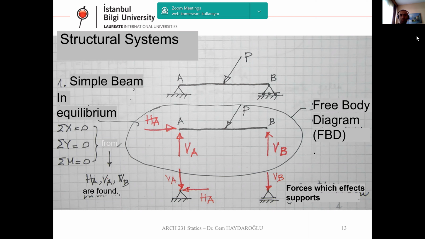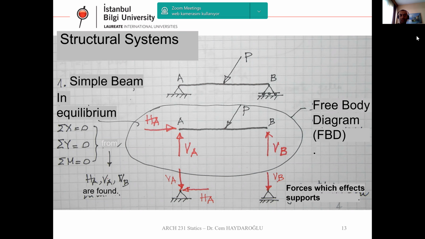At one side, we have pin support. At the other, we have roller support. So this is a simple beam. If we have a simple beam, there should be a pin support and a roller support, not two pin supports or two roller supports. One pin, one roller.